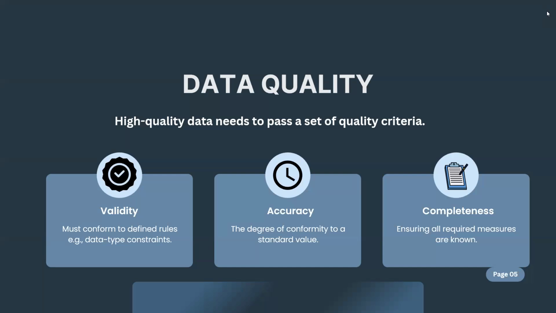Completeness has to do with making sure that every one of the required fields is actually filled. If you're running some sort of analysis, but some of the records are missing, then that is going to have an impact on the insights. The insights are going to be skewed.